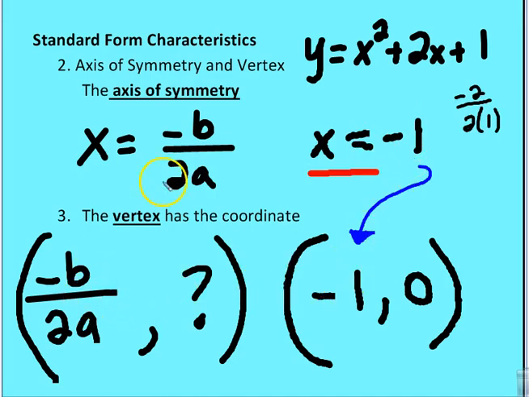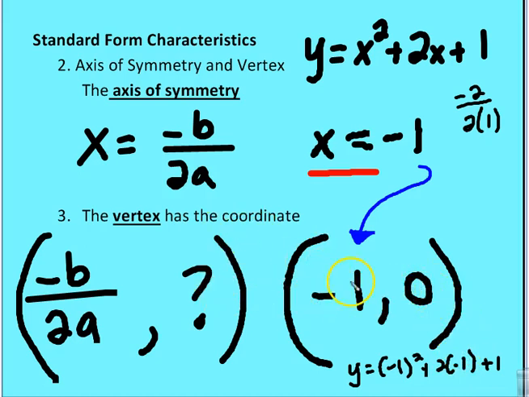We're going to substitute it into this function, right? Y is equal to negative 1 squared plus 2 times negative 1 plus 1, and this is going to be 1 minus 2 plus 1, which leaves us with a value of y of 0.